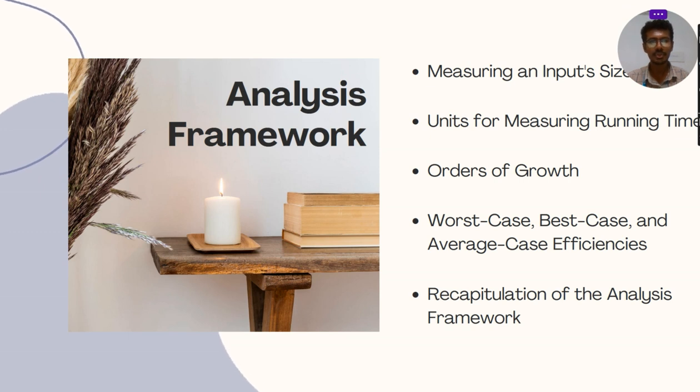Then order of growth: based on the order of growth we can find the complexity. Then we have worst, best and average case efficiencies. If the algorithm may work in different ways with the given inputs being the same, then we can find out the worst, best, and average case analysis. Then we have a recapitulation of the analysis framework.